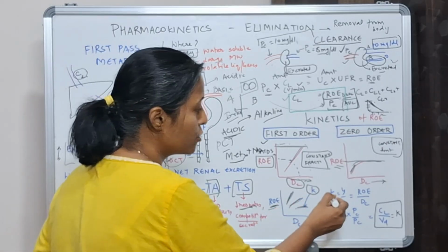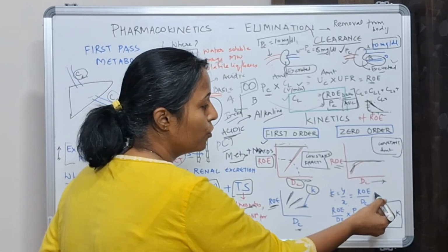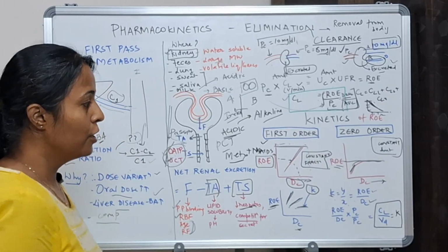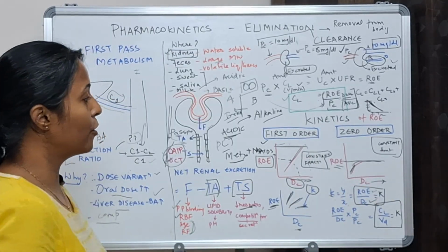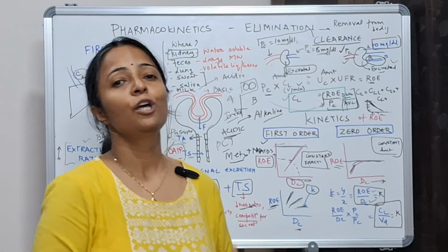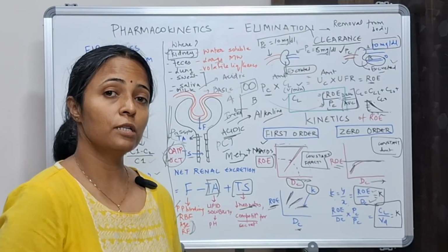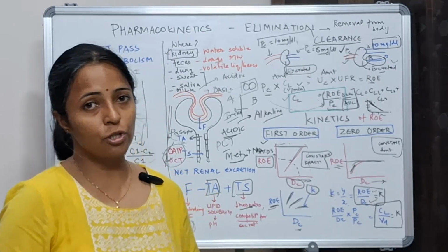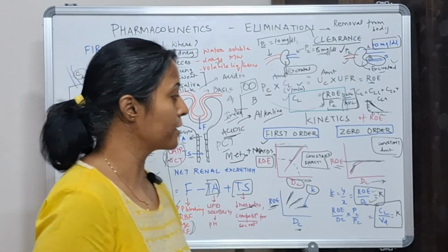So this K, the slope, is equal to y divided by x, which is rate of elimination divided by the drug concentration, right? So this is the formula for the K, that is the slope. Now here it is appearing very simplified. In your books it is given on a log scale and all. That we are going to discuss in the next video when we talk about the dosing. So all equations, and how the dose is calculated, I am going to discuss in the next video.